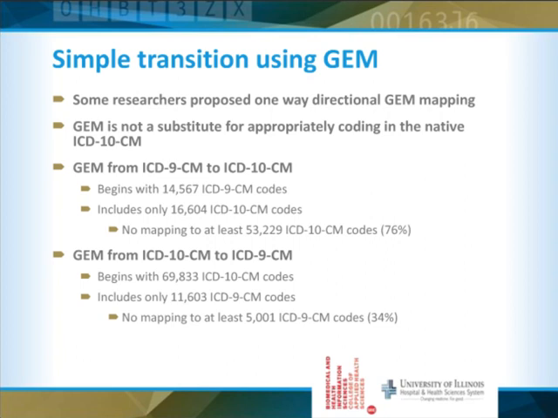So when you're trying to run reports with just a simple GEMS file forward or backwards, or even commercial systems forward or backwards, you don't have complete coverage. Now, if you're using categories of codes, you may not experience the same level of problems. But if you're looking at individual diagnosis codes, your reports aren't going to add up.